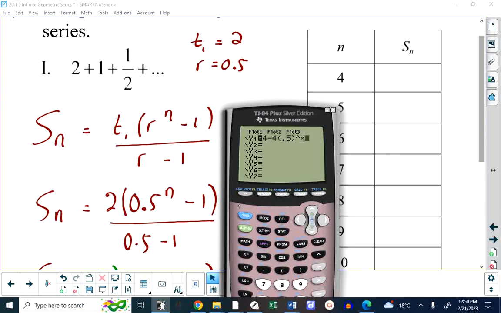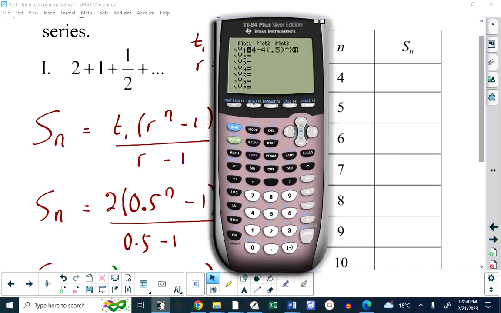So if I go to my table setup and I start at 1 and go up by 1, it's giving me the sums. This number here is the sum of the first term. The second number is the sum of the first 2 terms. Then it's the sum of the first 3. And we're going to be looking at these numbers anyway, so that's why I want them accessible on the calculator.